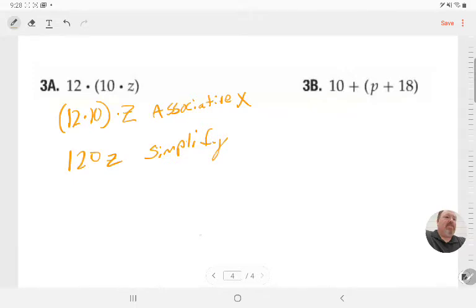So the first thing we want to do in 3B is rearrange. We want to go 10 plus 18 plus p. If we rearrange that, we'll call this step 1. And step 1 will equal the commutative property of addition.